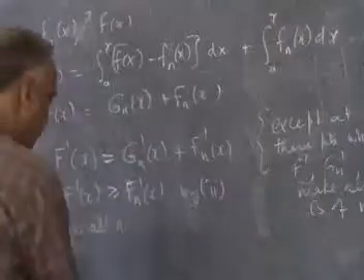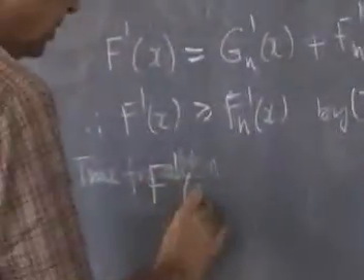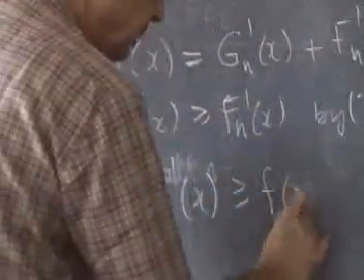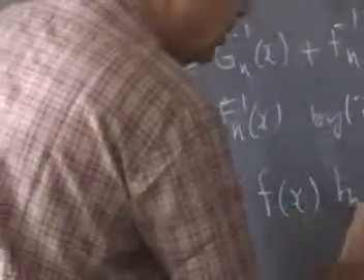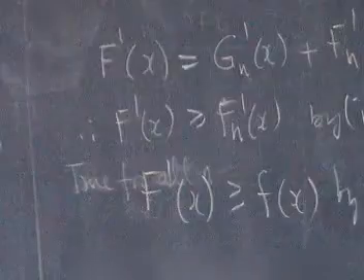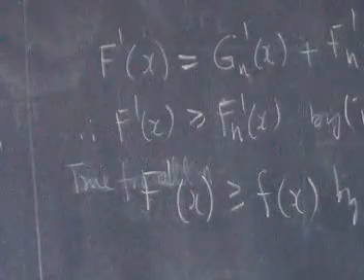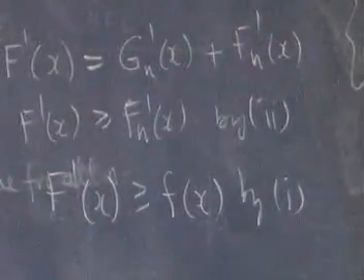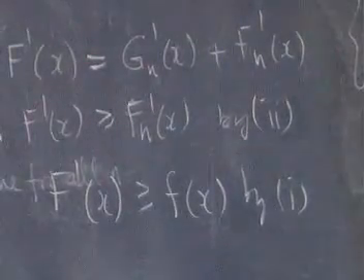But what is F_n prime? What is F_n prime(x)? So all these are almost everywhere. All those sets of measure 0 at each stage I throw away, and only a finite number of them I throw away.